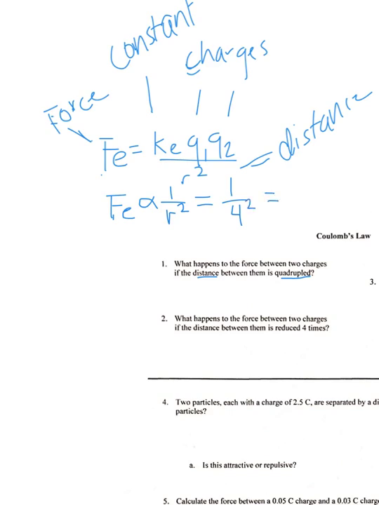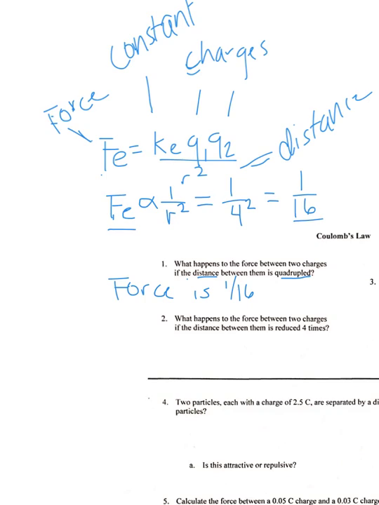So then I'm going to reduce down this fraction, and I end up with 1 divided by 16. That means that what happens to the force between two charges if the distance is quadrupled? Well, our force is now 1/16 times. Okay?